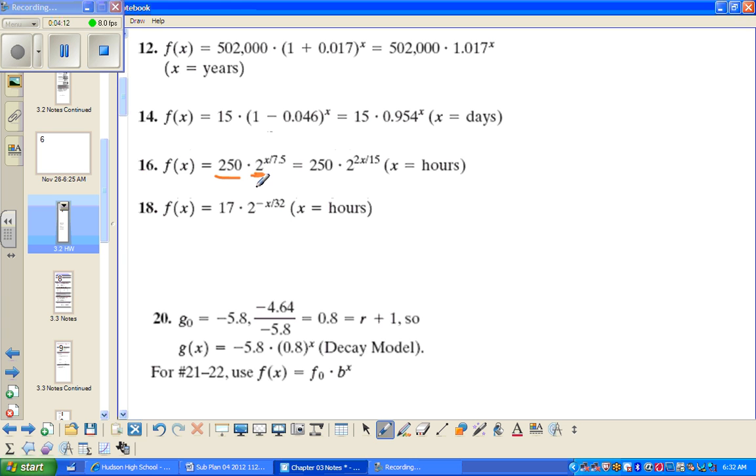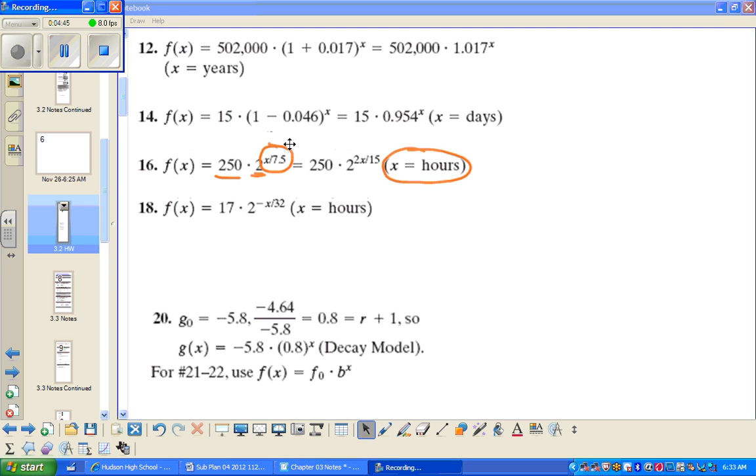And then when it says doubling every 7.5 hours, you can write x in terms of hours instead of days. That's not an issue. We went over an example like that the other day. But then when they tell you it doubles every 7.5 hours, you can take x divided by 7.5 as your exponent.